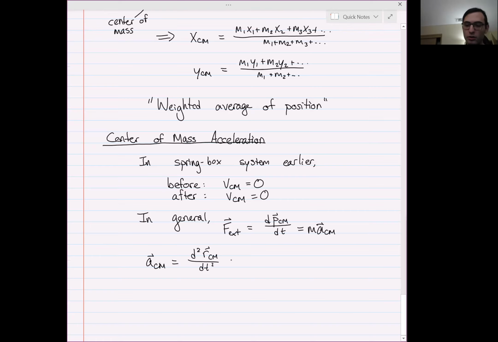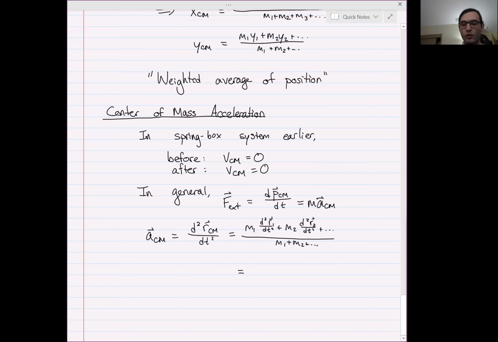So that would be (m1 d²r1/dt² + m2 d²r2/dt² + ...) divided by (m1 + m2 + ...). And this is just another way of writing (m1 a1 + m2 a2 + ...) divided by (m1 + m2 + ...).